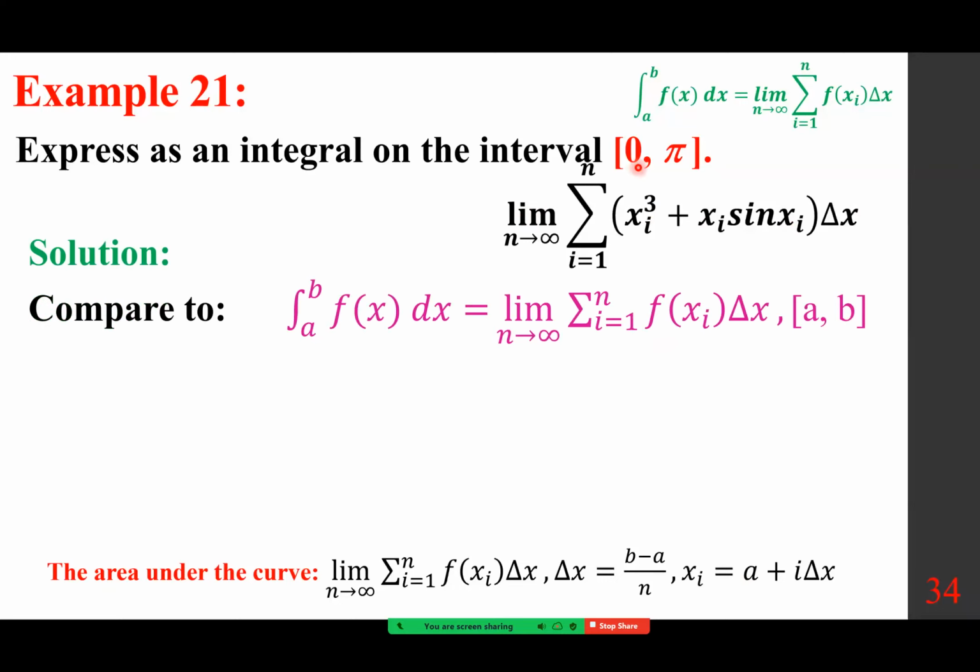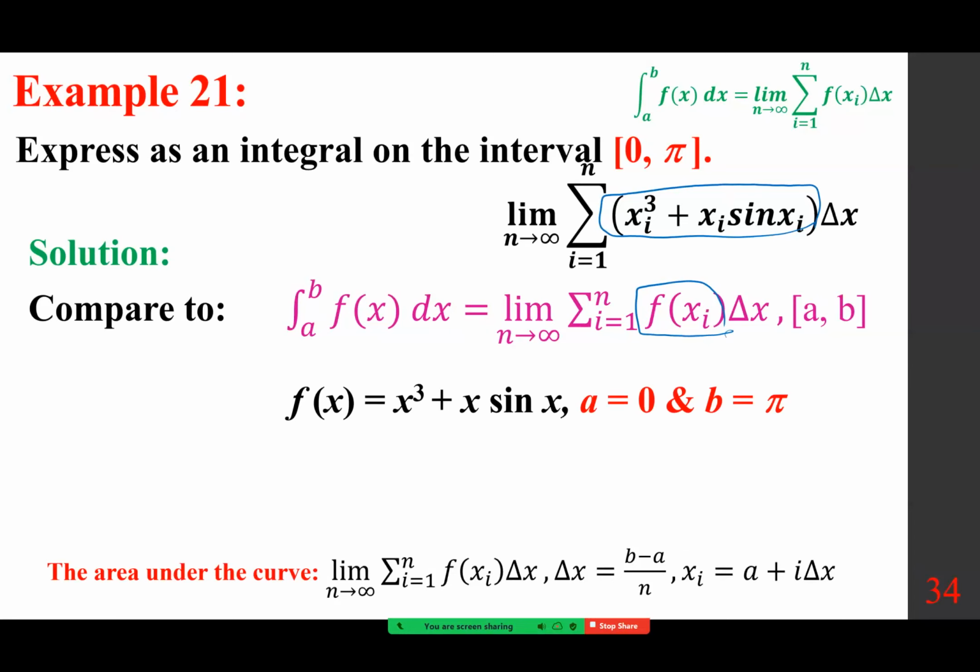Clearly a and b mean 0 and pi. So a is 0, b is pi. But if you compare, this is delta x, this is f of x sub i. So if this is f of x sub i, f of x must be x cubed plus x sine x.